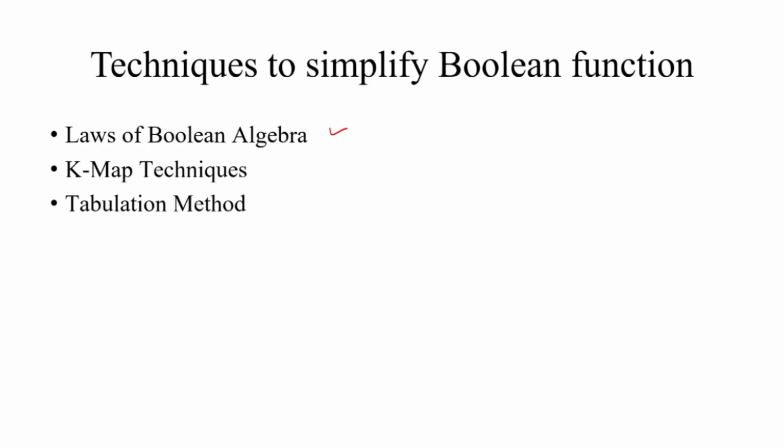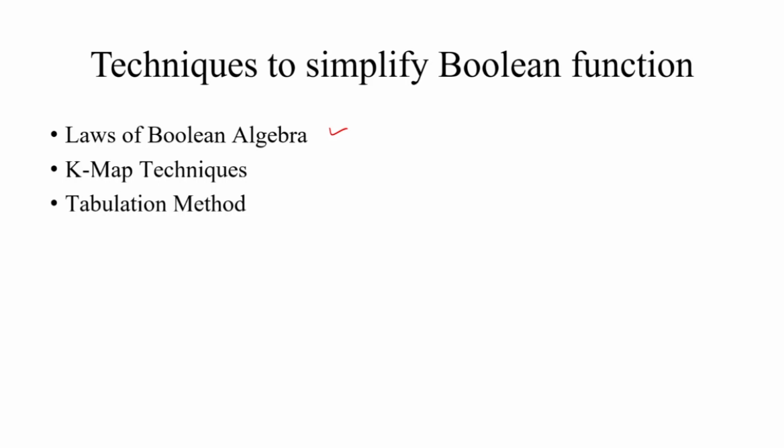That's why we use the tabulation method, which also overcomes the drawback of K-map and laws of Boolean algebra when minimizing a Boolean function containing 5 or more variables, which is very complex using those techniques.